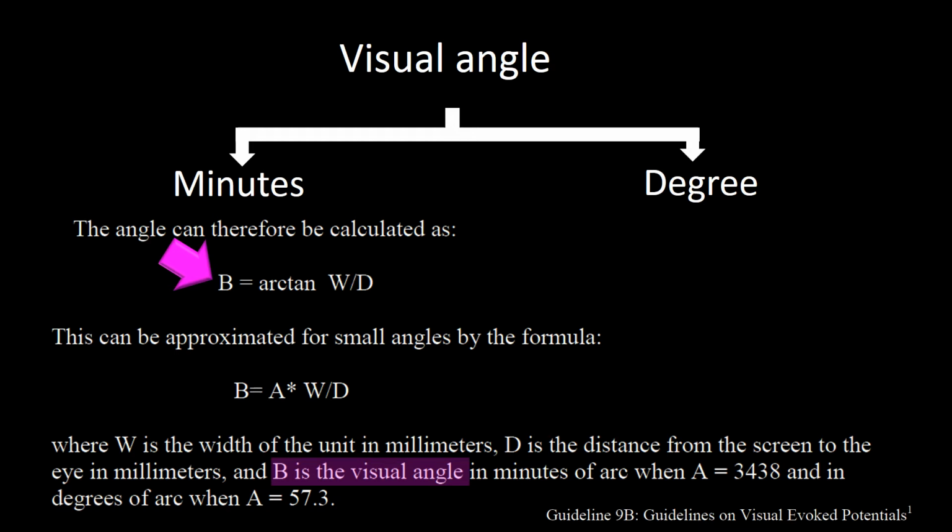As you can see, the visual angle is equal to the arcing multiplied by the width and divided by the distance. This can be approximated for small visual angles by the formula being pointed by the arrow.